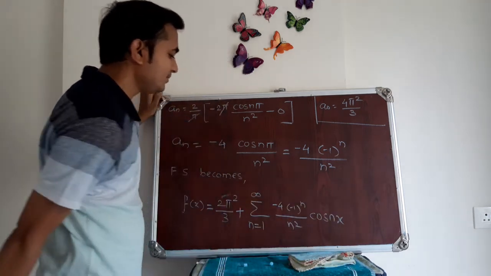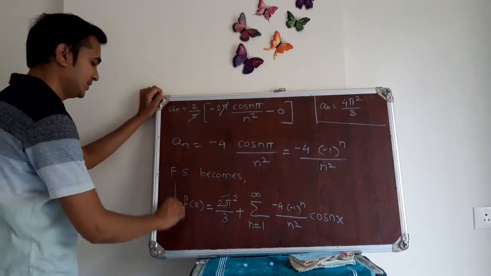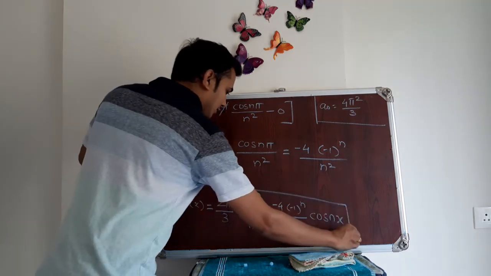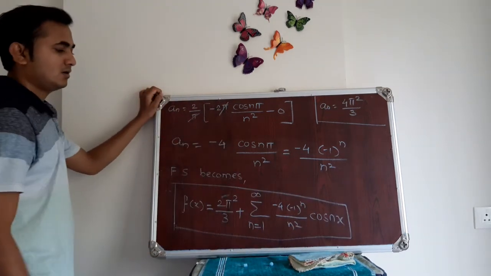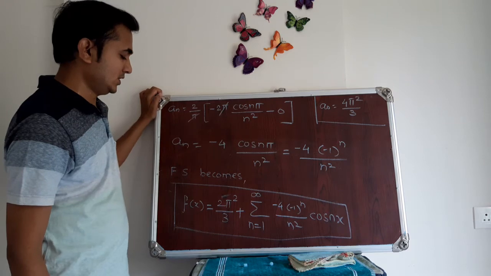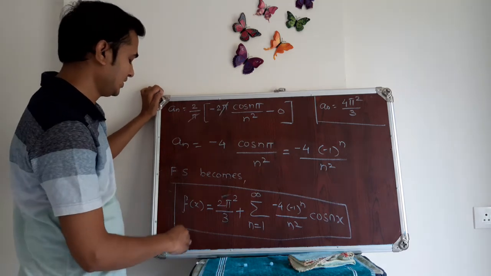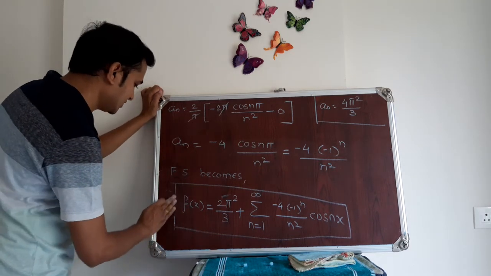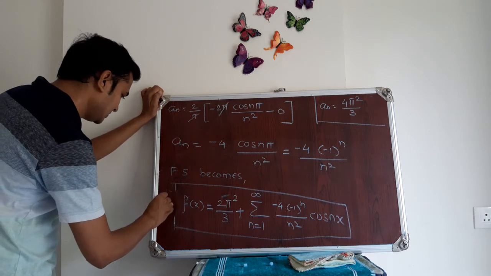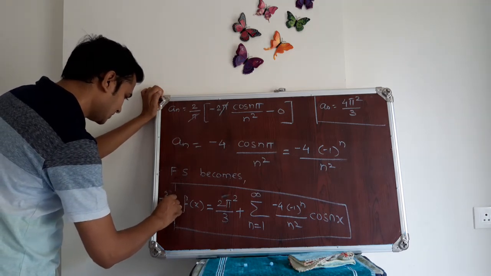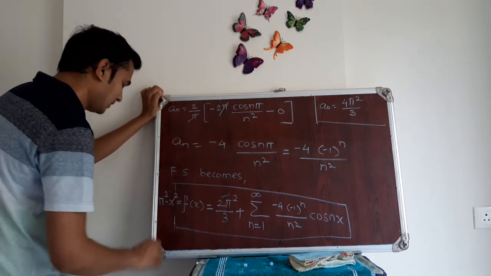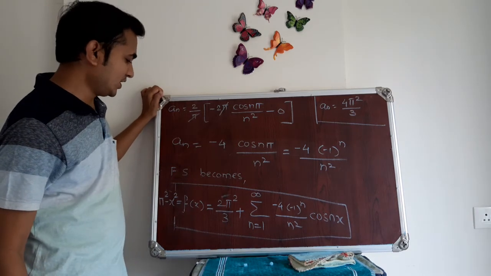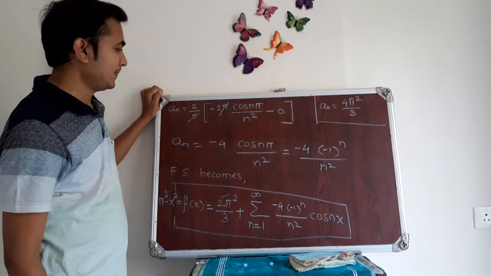Okay, so this is Fourier series representation of the given function. So f of x was pi square minus x square, that was our f of x.